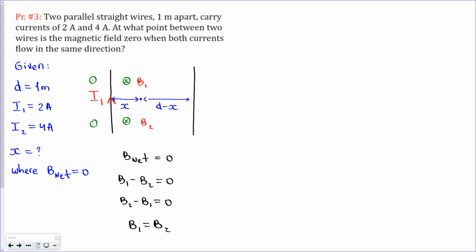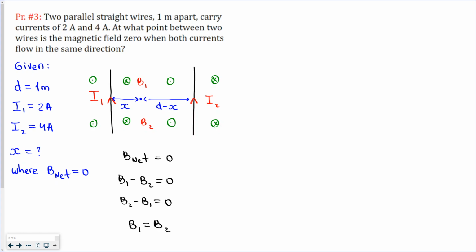So this can be possible only when B2 has a magnetic field opposite to the first wire. From logic, we can state this, and it means that the second wire also has a direction upward.